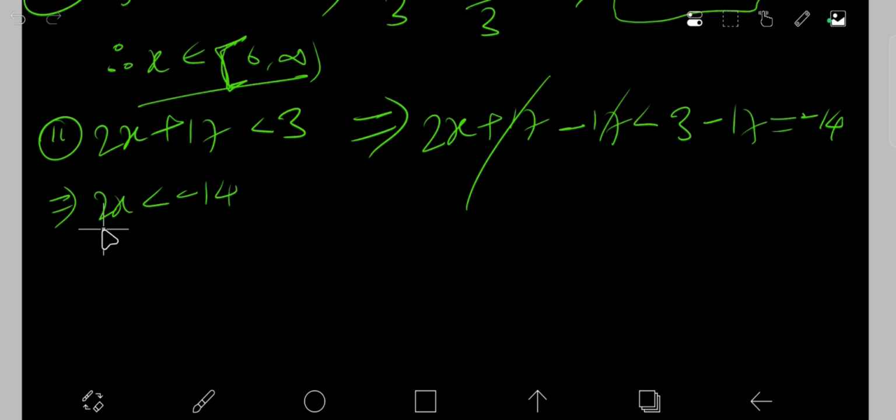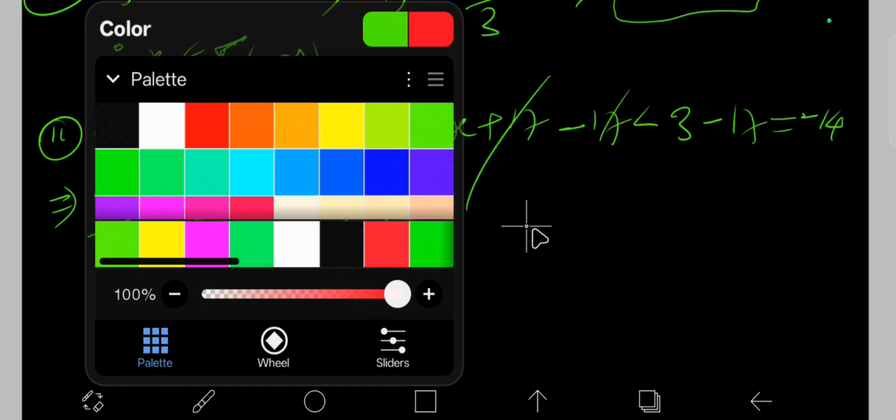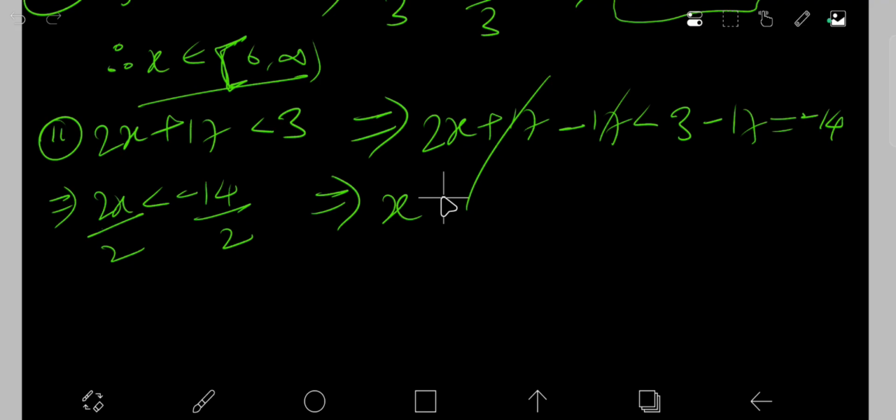Now how do we cancel out this 2? We divide both sides by 2, so we get x is less than minus 7.